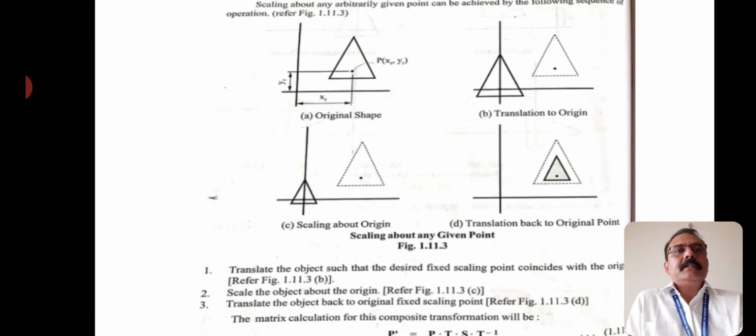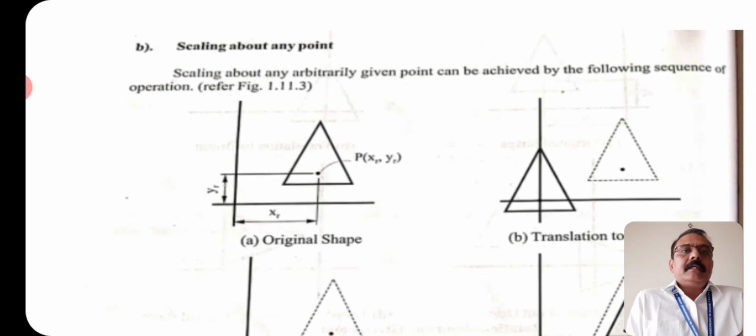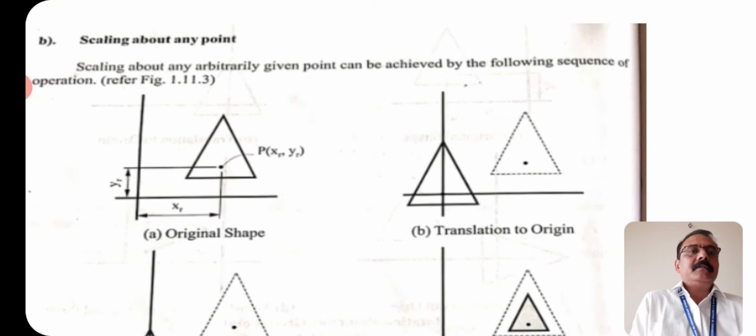Now next is scaling about any point. Here we can't scale the object directly. Figure A shows the original shape. Figure B is translation to origin.